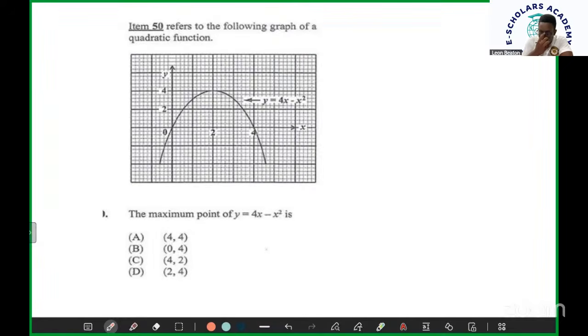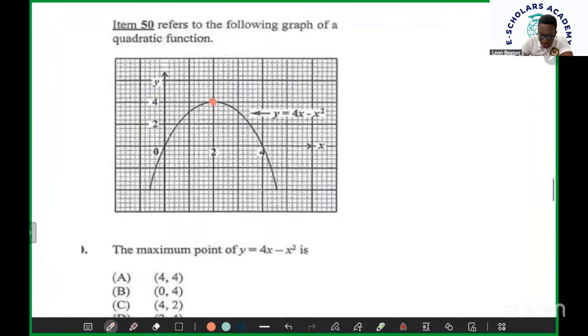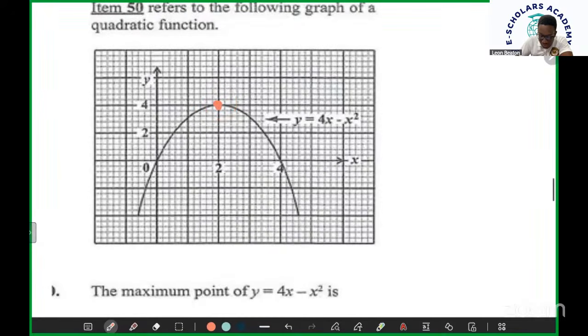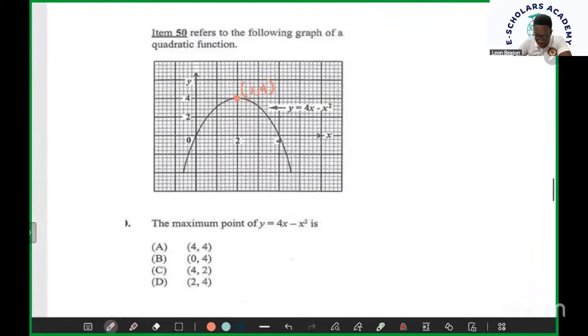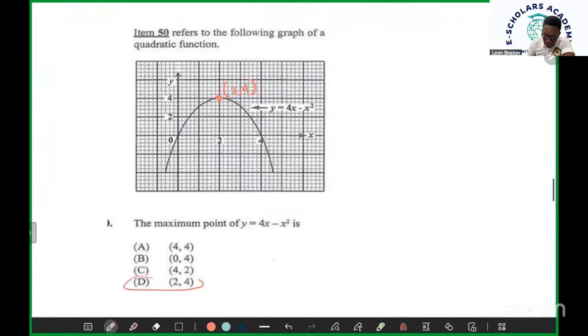The maximum point will be the same as the turning point, as I said just now. The maximum point would be the highest point on the graph, which would be right here as well. We see this is 2 across, 4 up. So (2, 4) is the maximum point, which is the same D. So as you can see, the turning point and the maximum point would be the same thing.